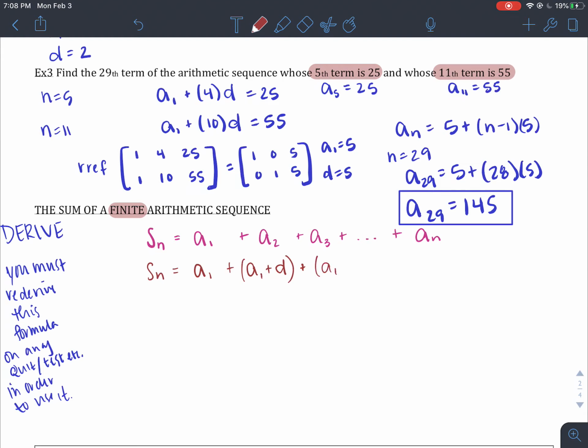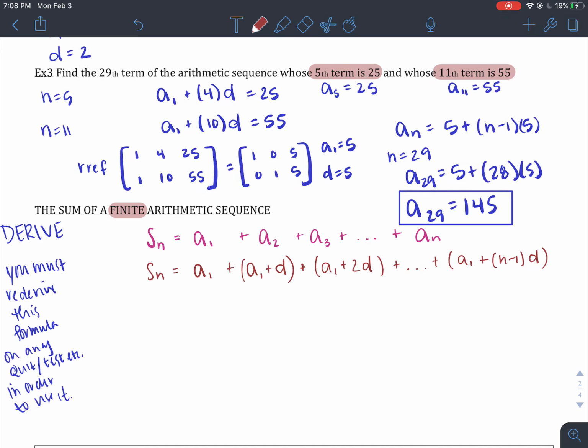And then a sub 3 was really a sub 1 plus 2d. And we go all the way out, and that a sub n formula was a sub 1 plus n minus 1 times d.